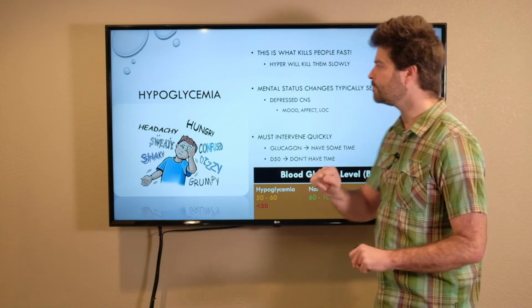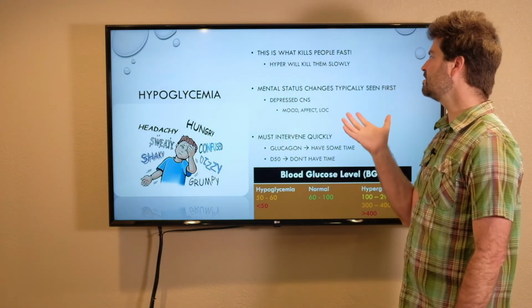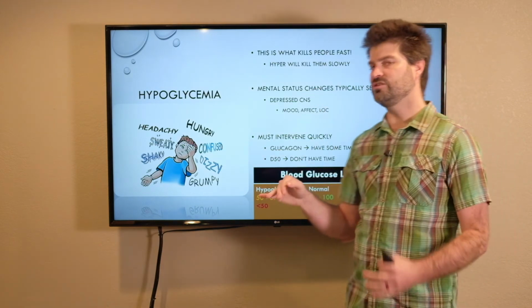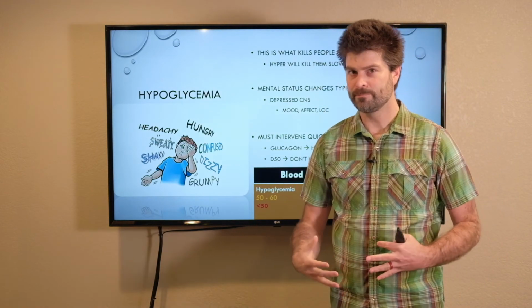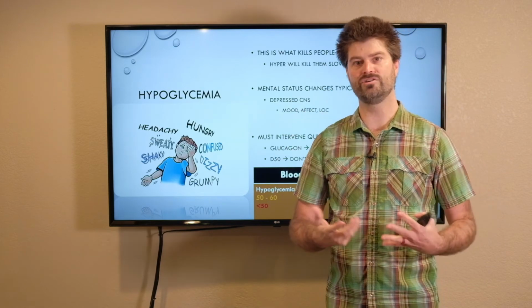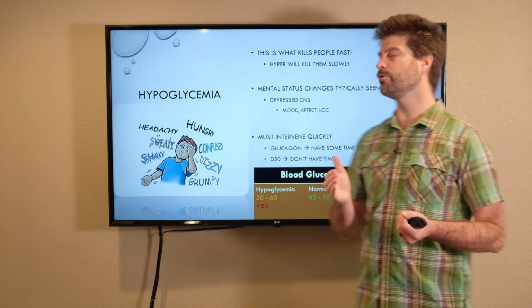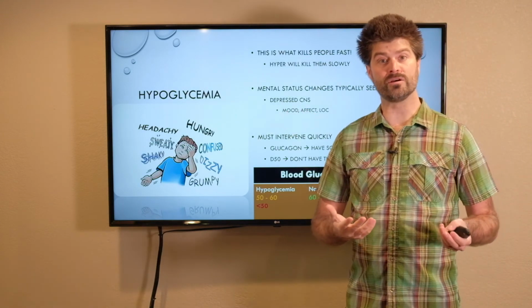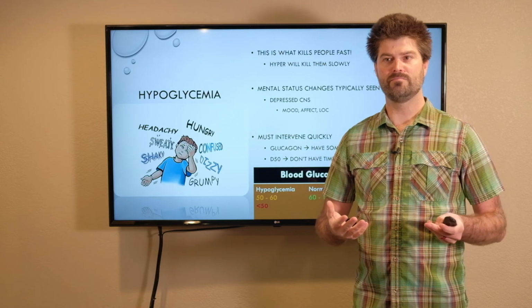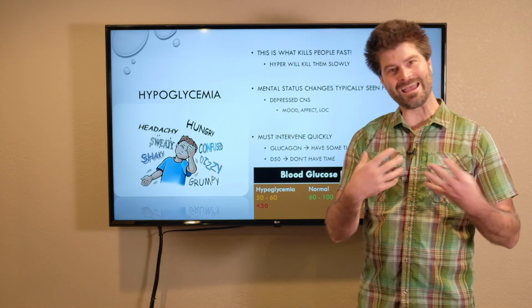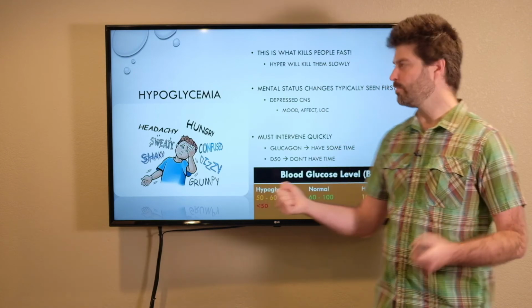So recognition of hypoglycemia is a really, really big deal for any of our pre-diabetic or diabetic patients, regardless of type 1 or type 2. A lot of the symptoms we're looking for, mental status changes, are the ones we're going to see first. So something about their central nervous system function is not going to be happening appropriately. Their mood is going to be weird, right? They may be much more like, whatever, don't care, much less engaging than they would be normally.